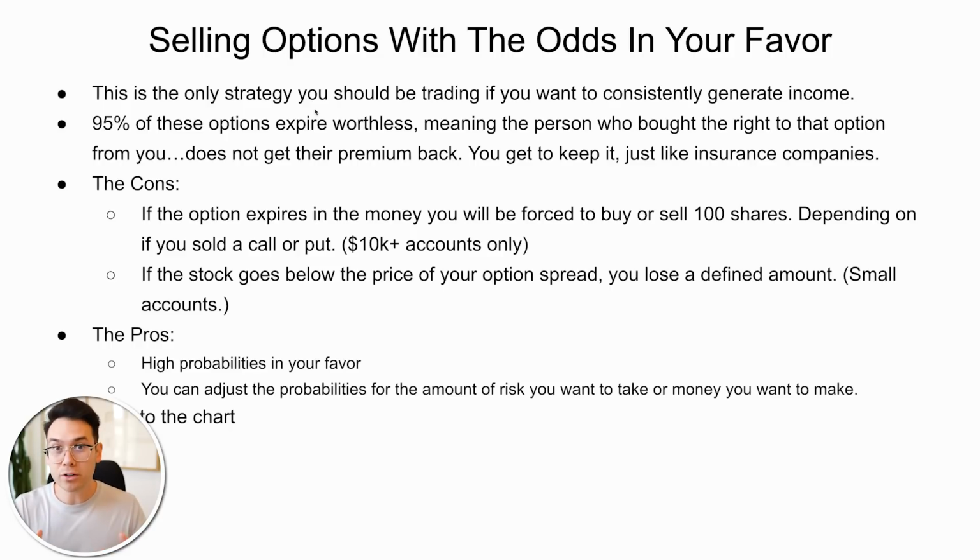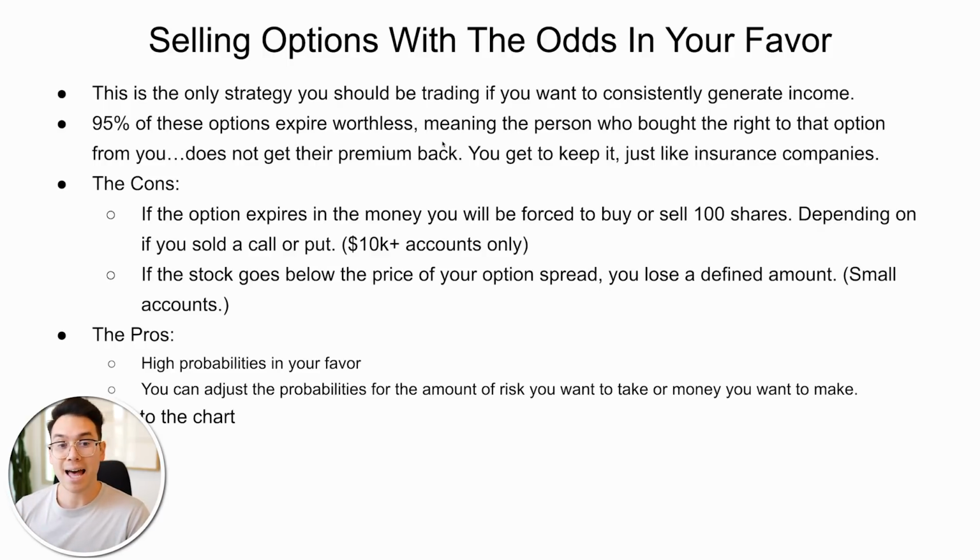I only swing trade, because most of these trades will take anywhere from 2 days to as long as 30 days, but either way, you're gonna generate income every single month.